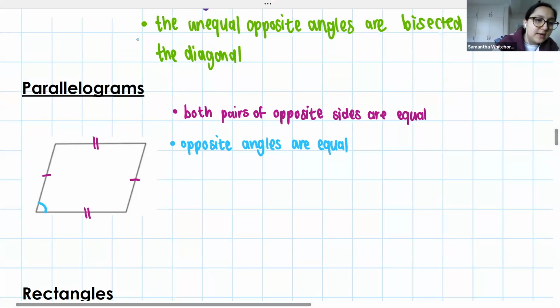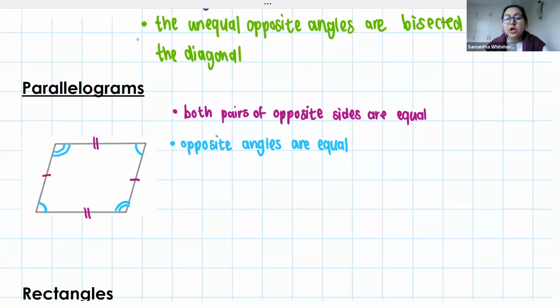So this angle would be equal to this angle, equal to this angle. And guys, remember, these are all quadrilaterals. So for any quad, we can automatically assume that they will add up to 360 degrees. We don't have to put that for every single quad. As long as it's a quad, you can say that.